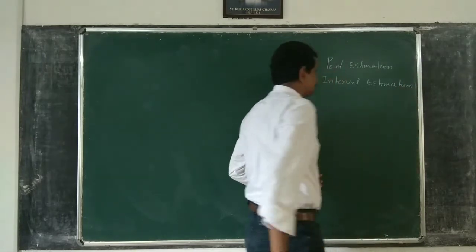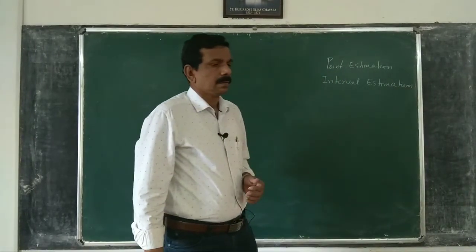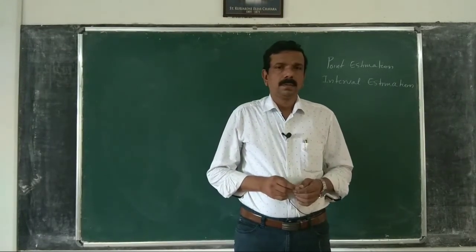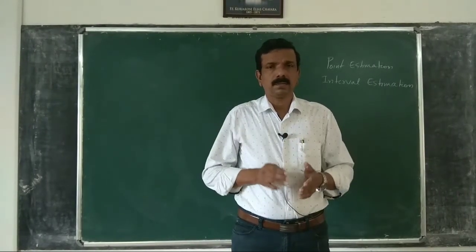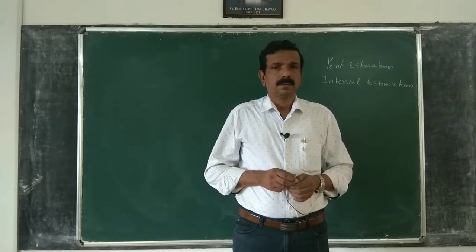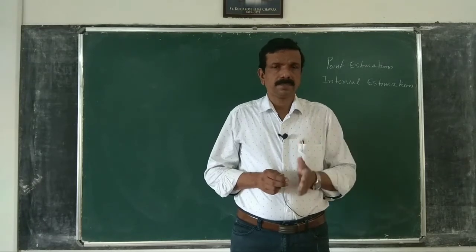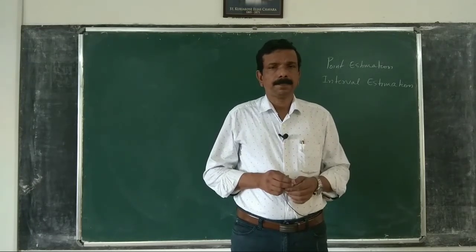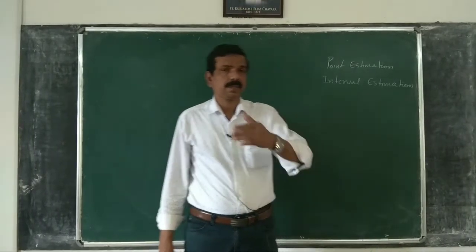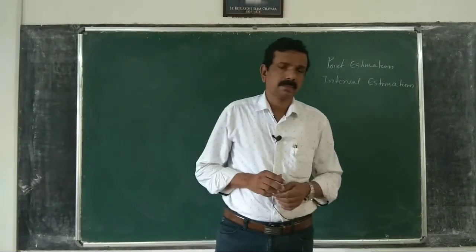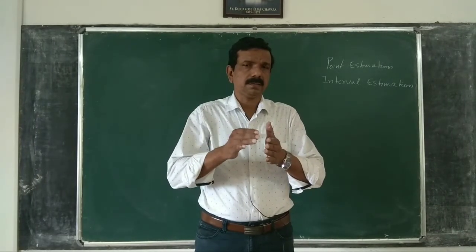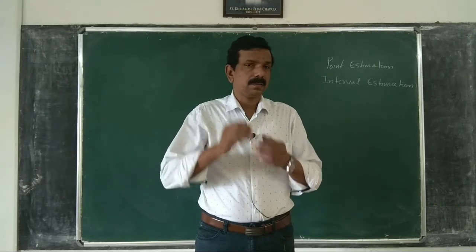As we have discussed, OLS estimators are point estimators, in the sense that in a given sample, we will obtain only one value for beta 1 hat and beta 2 hat. The concept of interval estimation has not been introduced so far.